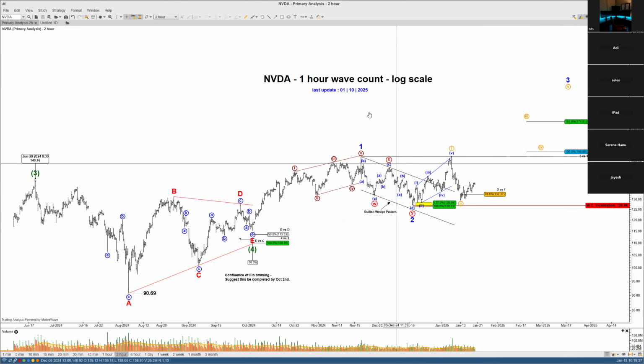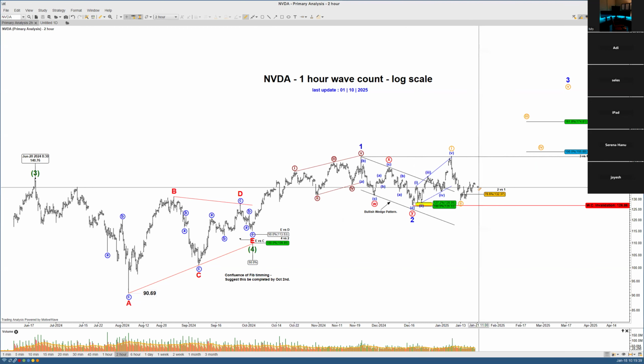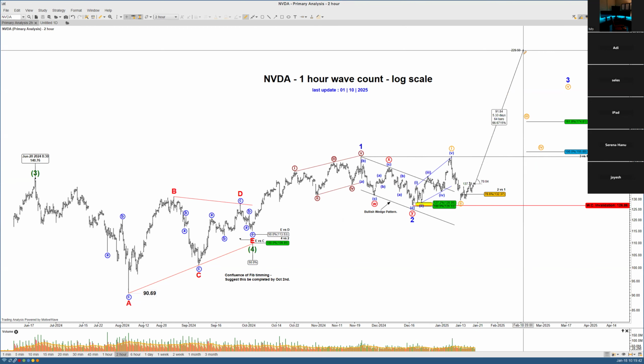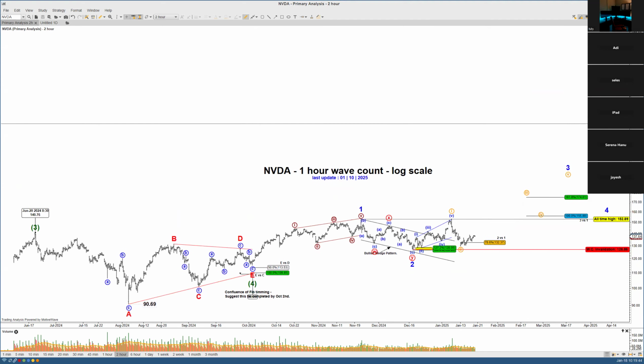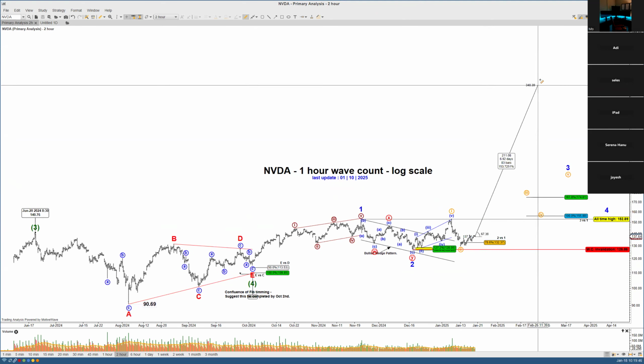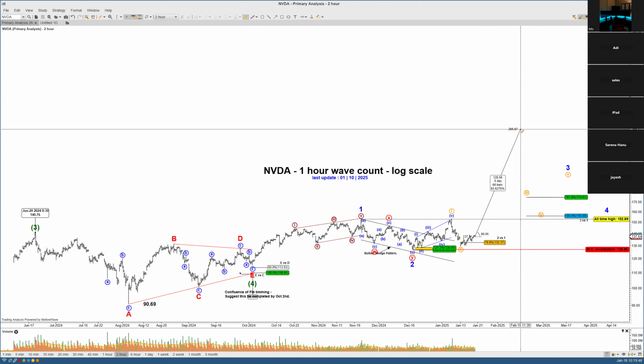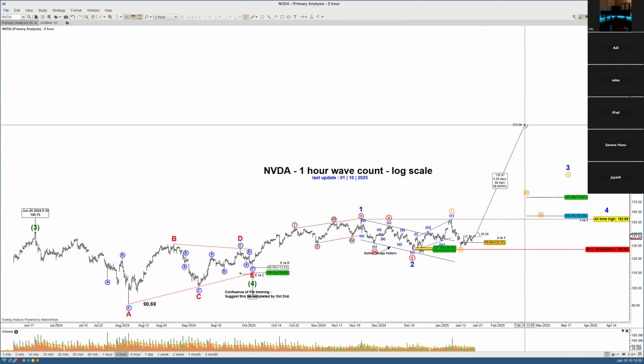If we do the math, just pull a ruler, take the current price, and go 100% here, that puts us at 275. If you expect 100% growth, the upside from the current price is 275.